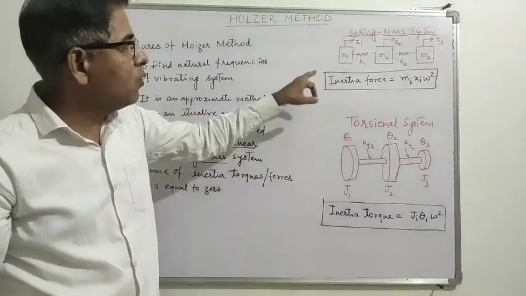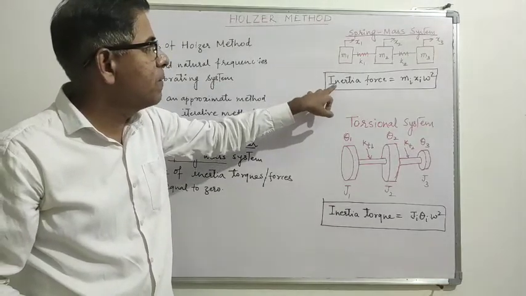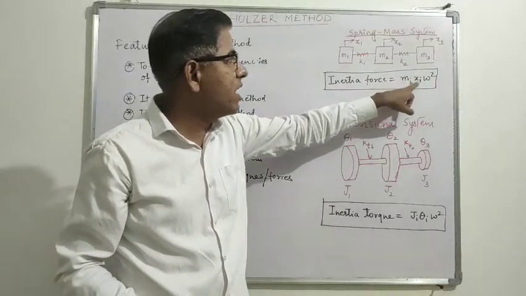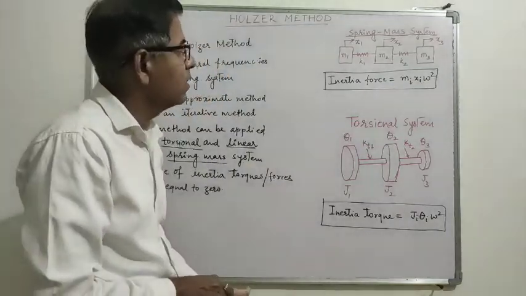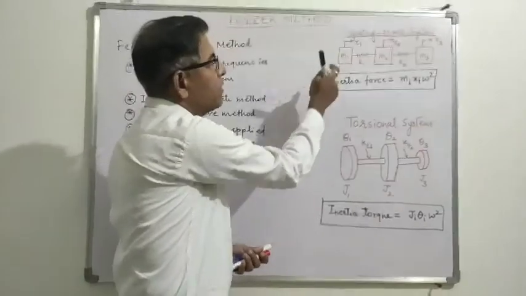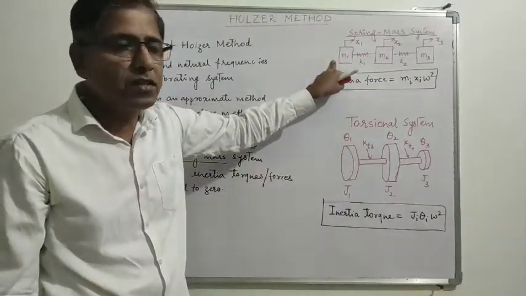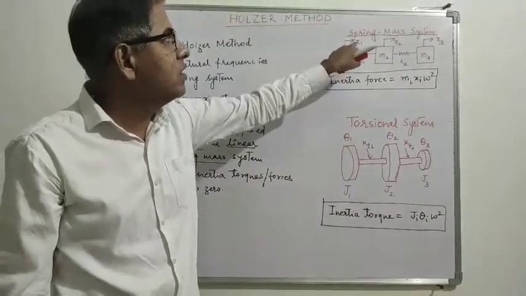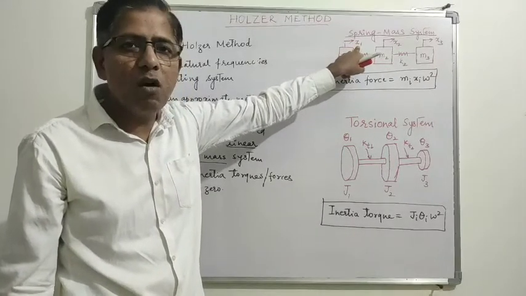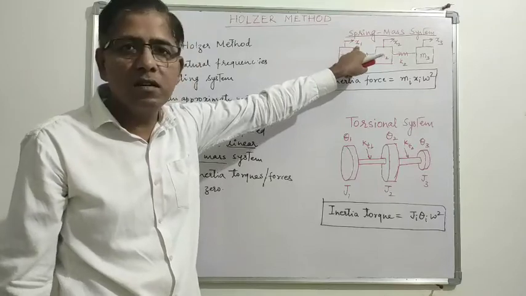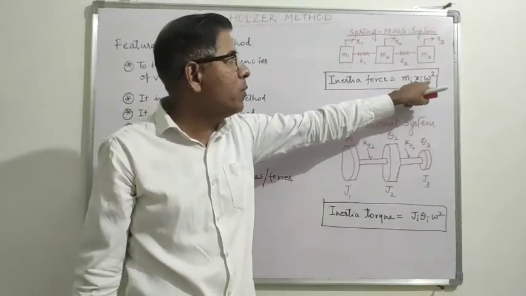Now the inertia force in case of spring mass system is given as mi xi omega square. We know that in case of spring mass system, the inertia force is mass into acceleration, and acceleration means the second derivative of the displacement, so it gives mi xi omega square.